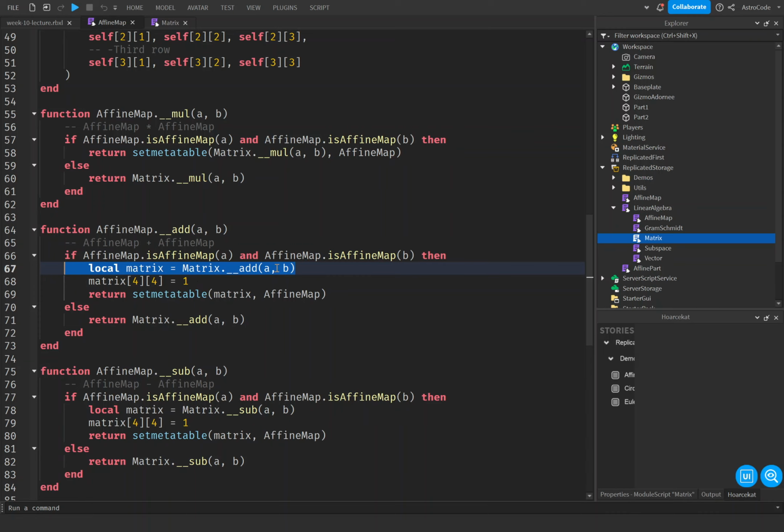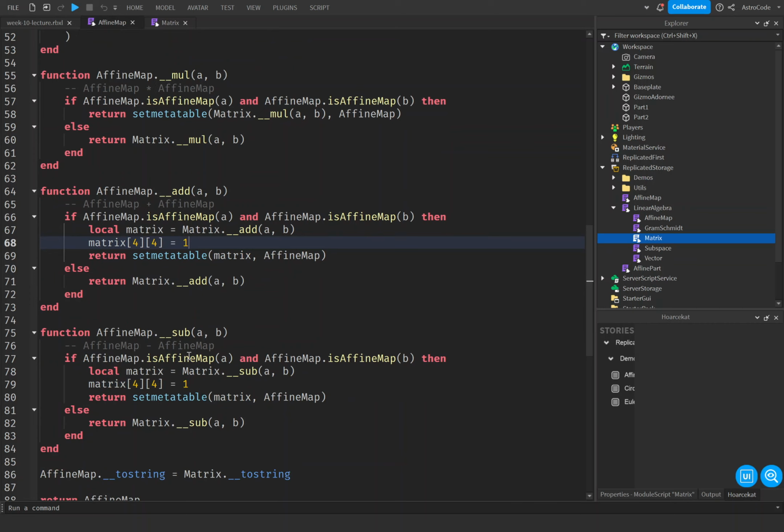So all we do is add the affine transformations as matrices, and then we fix that bottom right corner. That's how the addition works, and the same goes for the subtraction as well. So we use the matrix subtraction to do the subtraction, but then we fix that bottom right corner.